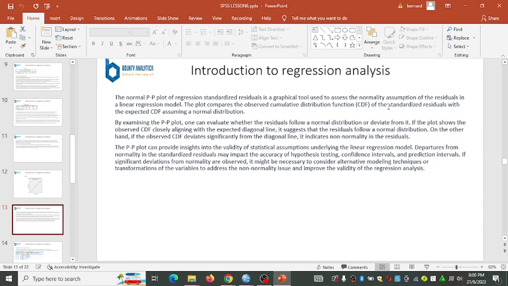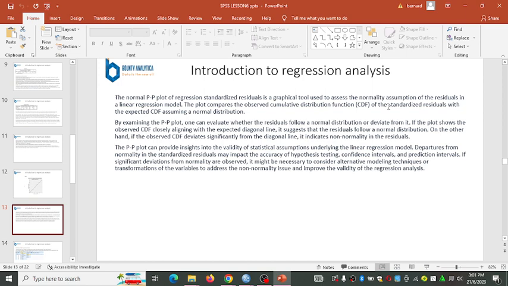So the plot compares the observed cumulative distribution function, the CDF, of the standardized residual with the expected CDF, assuming that data is normally distributed. So by examining these PP plots, one can evaluate whether the residuals follow a normal distribution or deviate from it.